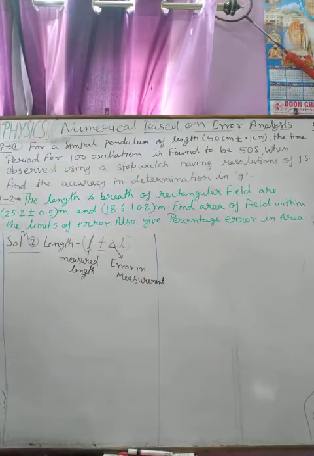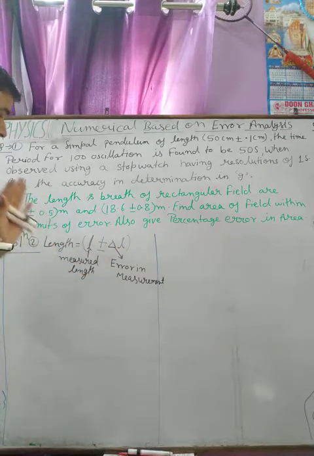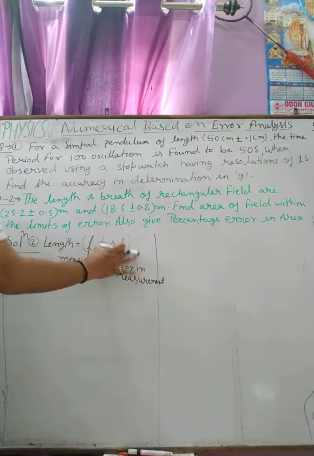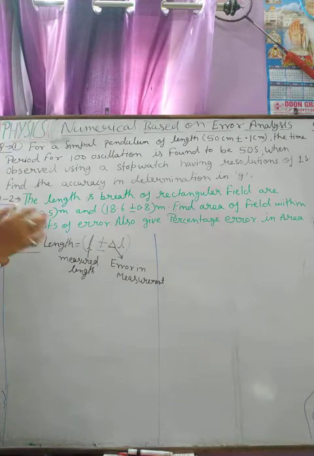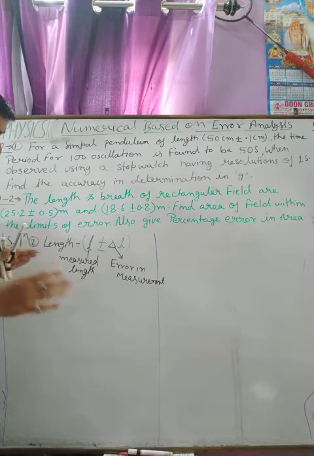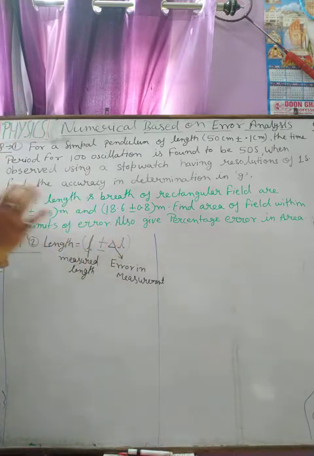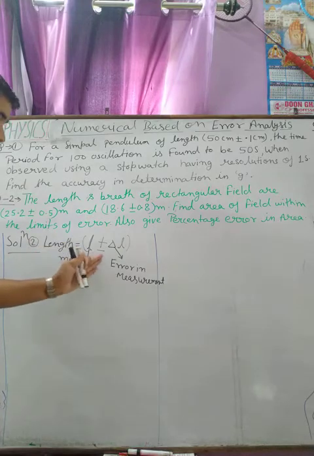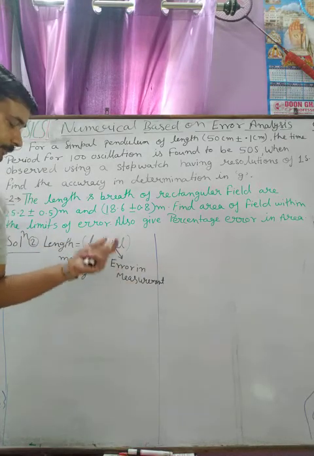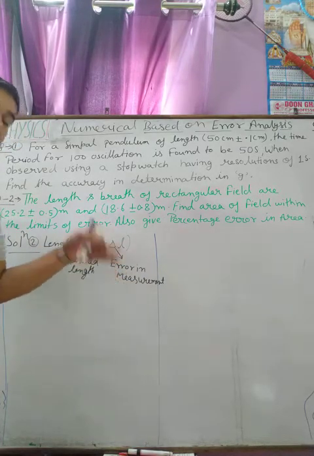Okay students, so हमें इसमें ये सब चीज़ें मिल जाती हैं from the given data. In all the questions which we are doing, these things are given: what is the measured length and what is the error in the measurement.